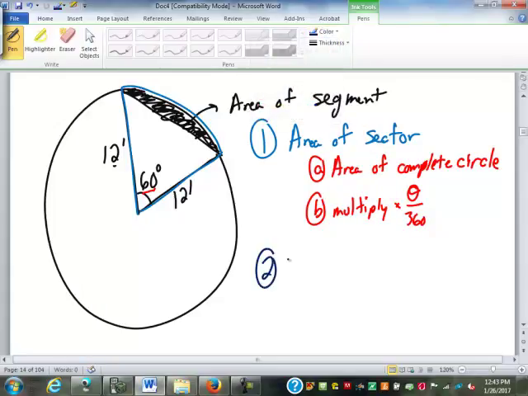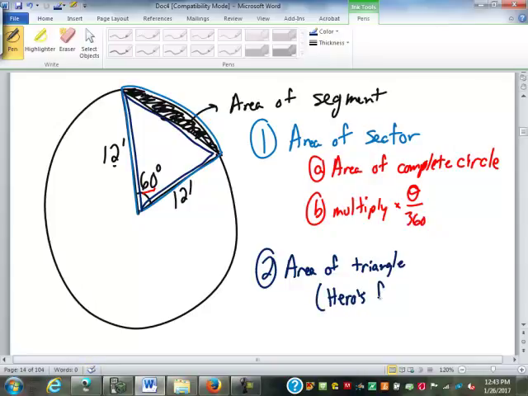Step two, area of the triangle. And the triangle is this right here. Now, we don't have a right angle there, so how do we find the area of the triangle? Heron's formula. Step three, subtract.